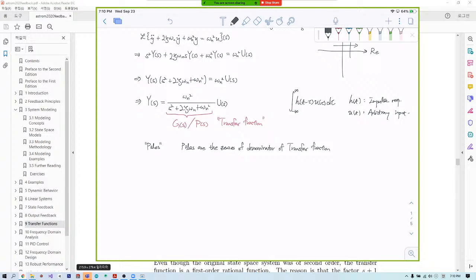Why is that? Because if we put 0 into the denominator, then things will explode. They will go to infinity.